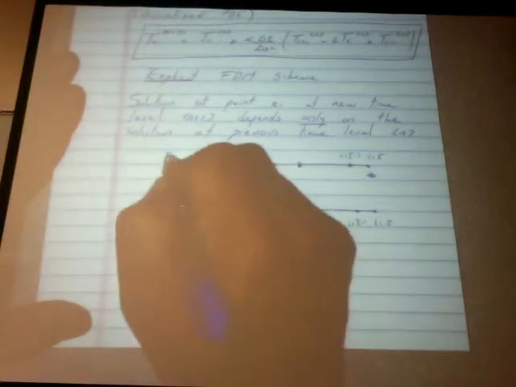This will be I equals 0, I equal 1, I plus 1, I minus 1.